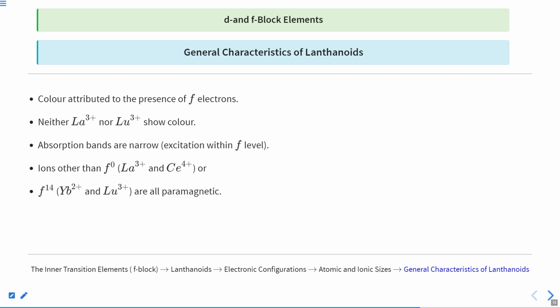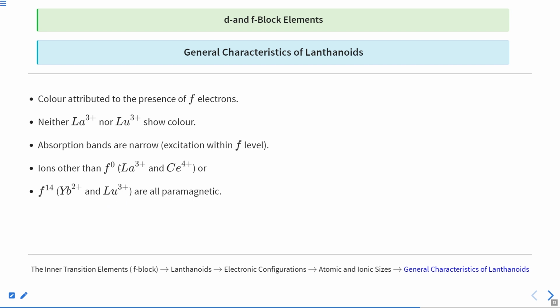Now, ions other than f0 and f14, that is lanthanum 3 plus and cerium 4 plus, are paramagnetic. If we talk about f0, we have lanthanum 3 plus and cerium 4 plus. And for f14, we have ytterbium 2 plus and lutetium 3 plus.